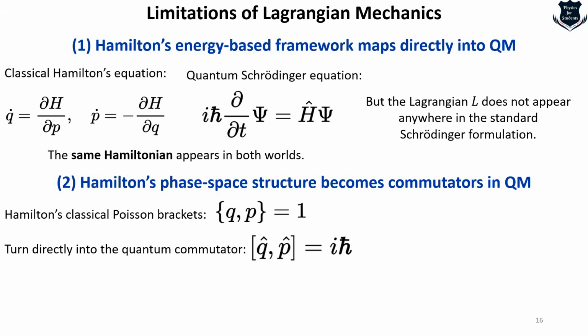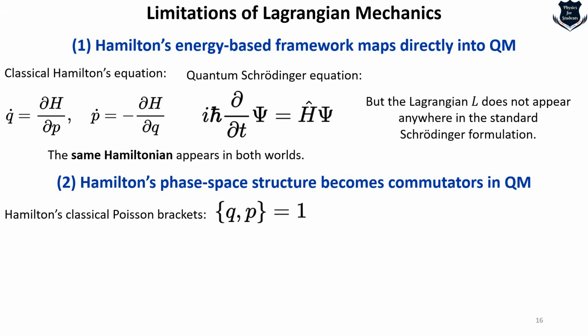But let us understand that in classical physics, this one which you can see on the screen, there is a rule called the Poisson bracket that tells you how two quantities in phase space, like position q and momentum p, relate to each other. So in classical physics, {q, p} equals 1.